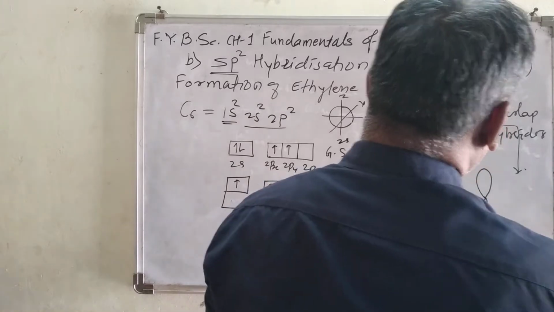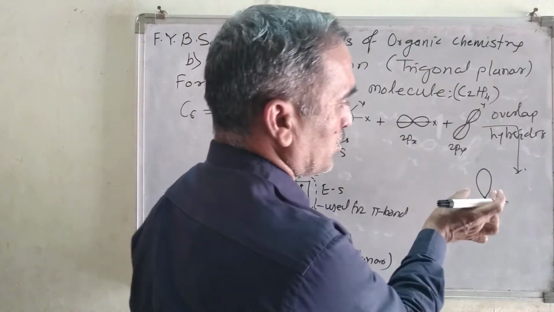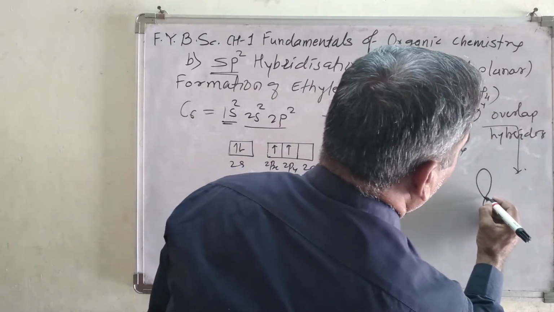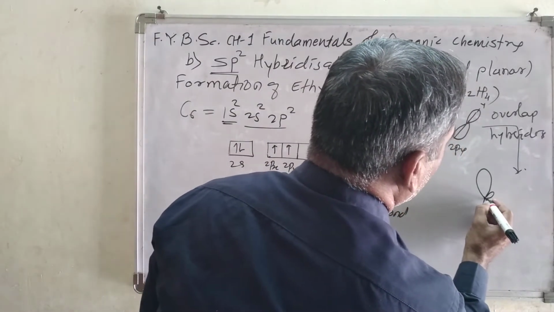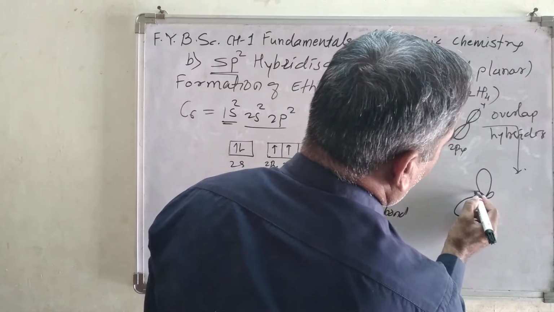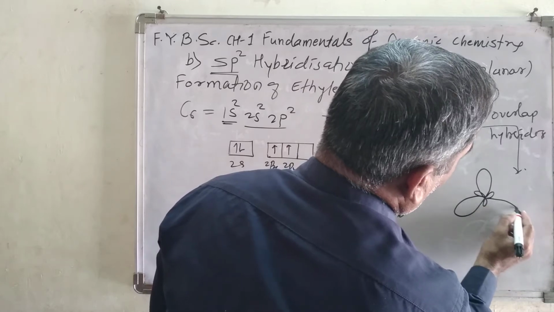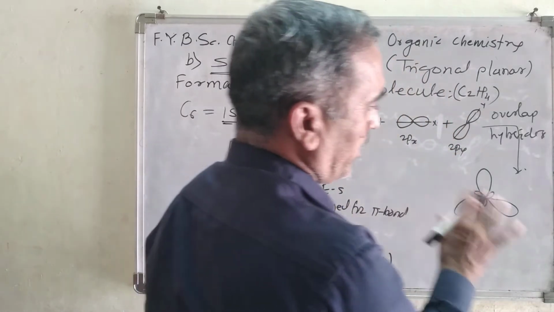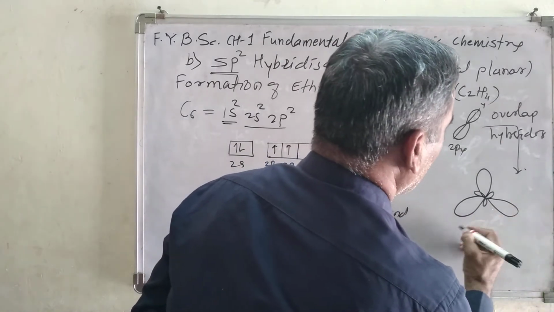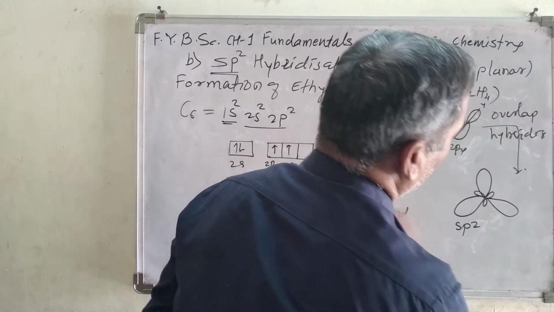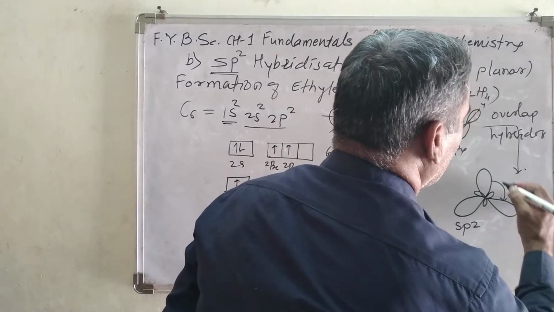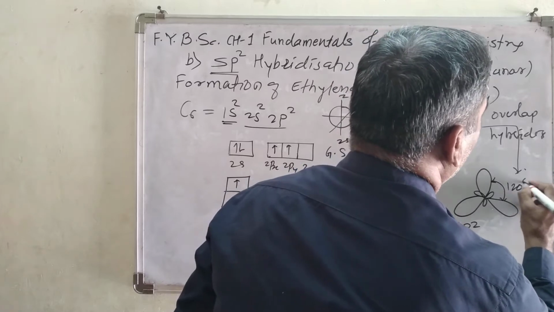When they are forming, one lobe is larger and one lobe is smaller. One lobe is smaller and one lobe is larger, right? And this is the angle. This is known as an sp2 hybrid orbital, and the bond angle found here is 120 degrees.